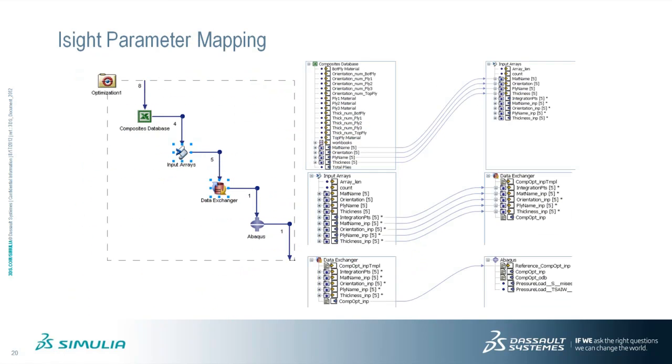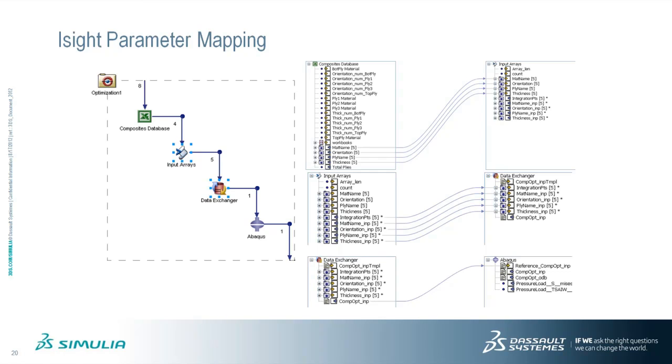So this is a full look at our iSight SimFlow. In this view, this is a different view, but it's the same SimFlow where we have Excel into the input arrays, data exchanger, and then the Abaqus simulation. But in this case what we're looking at is the parameters or the variables that we're passing from one software code into the next software code.